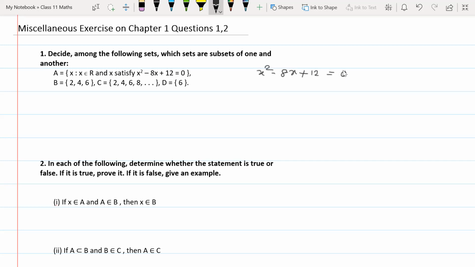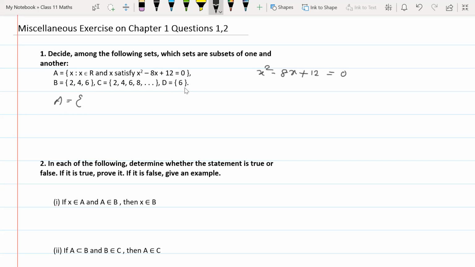This is the equation. A set states that x belongs to R and x satisfies x square minus 8x plus 12 is equal to 0.